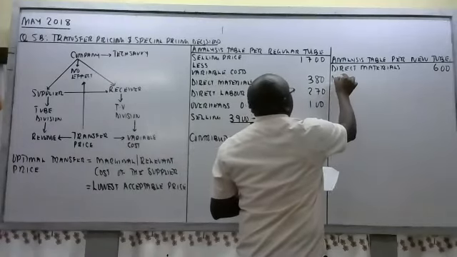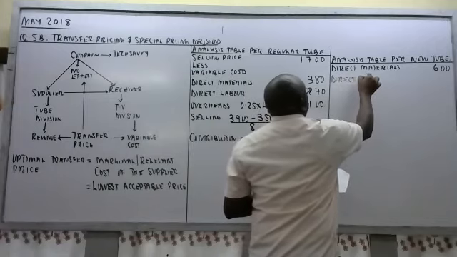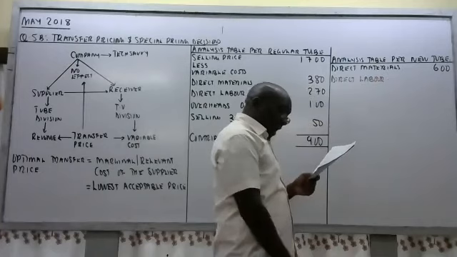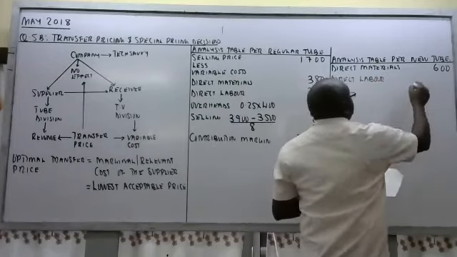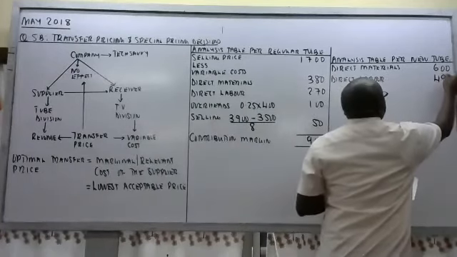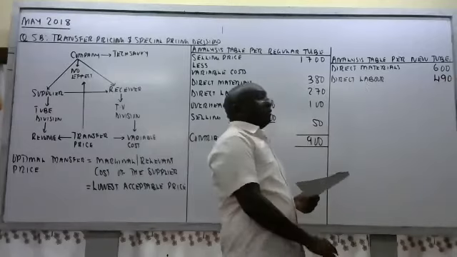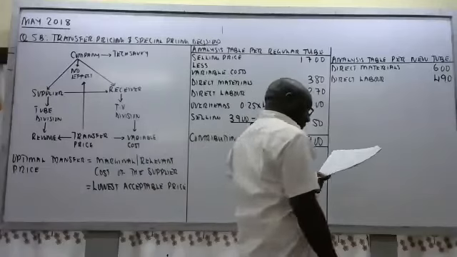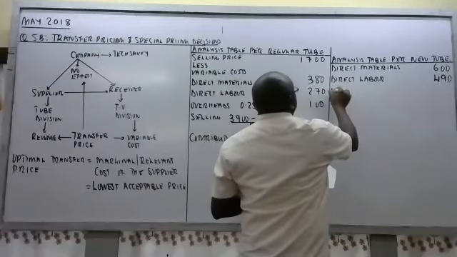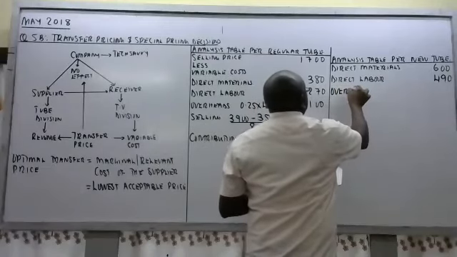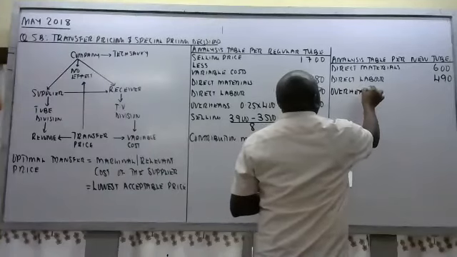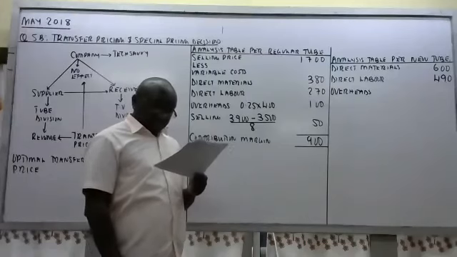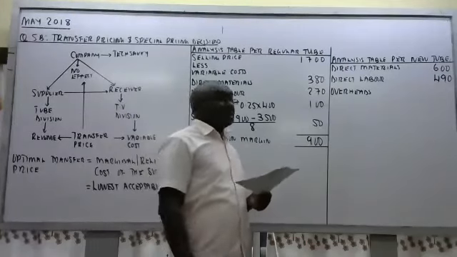Then we have direct labor. Direct labor is 490. Then we have the overheads, which we are told 2/3 are fixed.